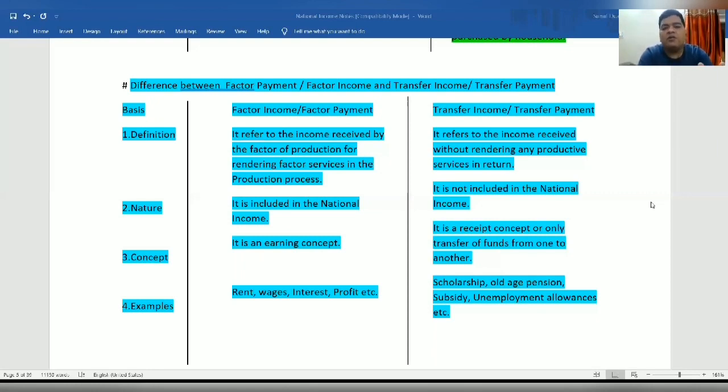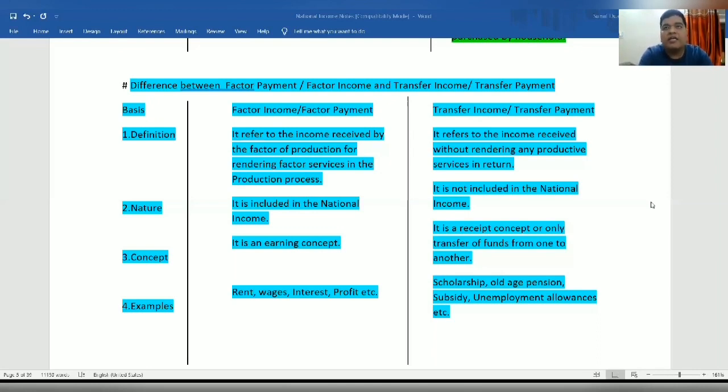If I give you some examples of the factor income or the factor payment: wages given to the workers, rent given on the land by the firm, interest on capital given by the firm. These are all factor payments because in return we are getting the factor services from the factor of production.